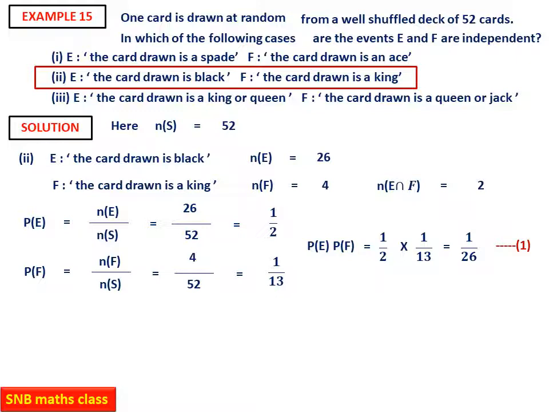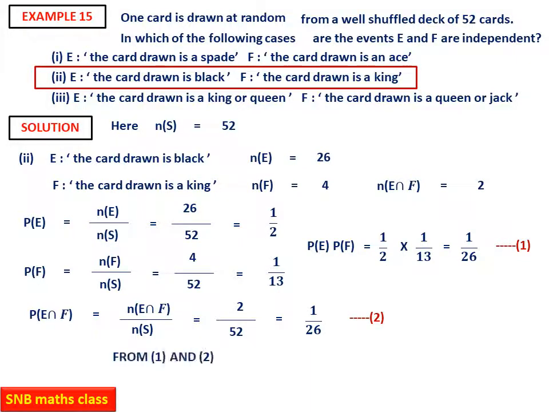So, let us call it as equation 1. Now, what else we have to calculate? So, probability E intersection F we have to calculate. Number of E intersection F divided by number of S. So, this will be equal to 2 divided by 52. Once again, it is 1 by 26. Let us call it as 2. Now, it is very clear.